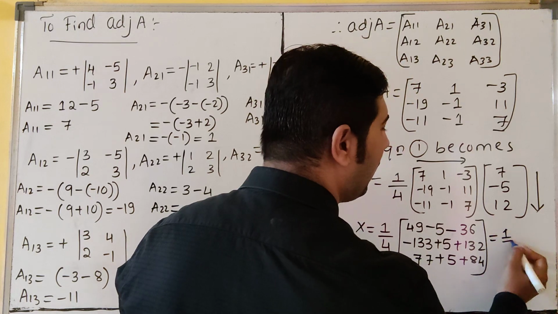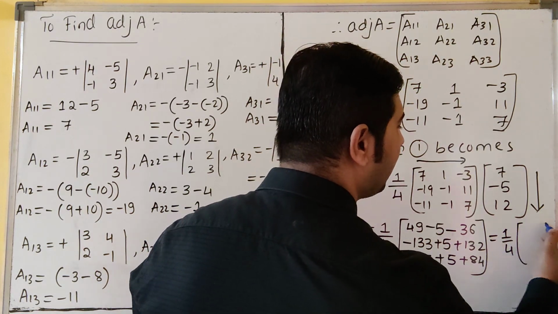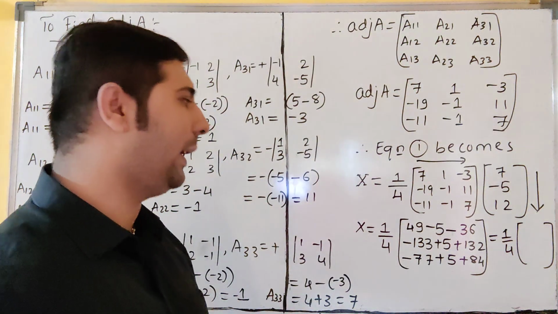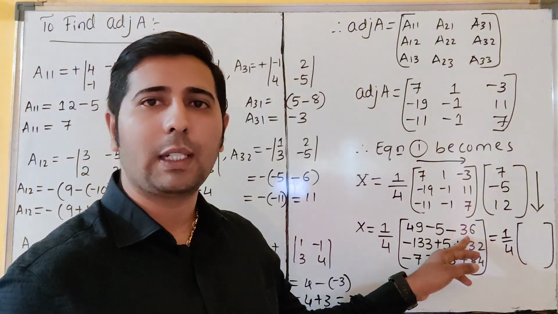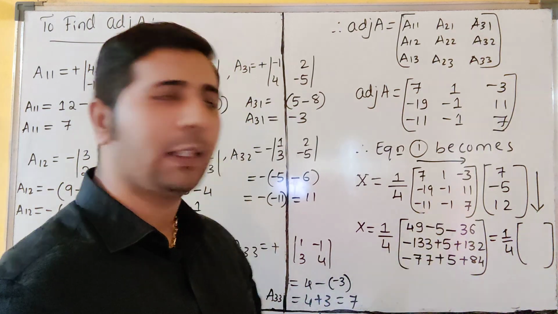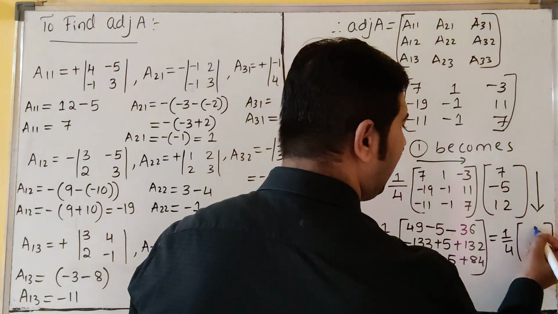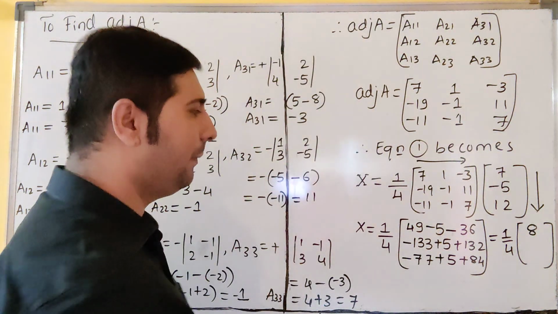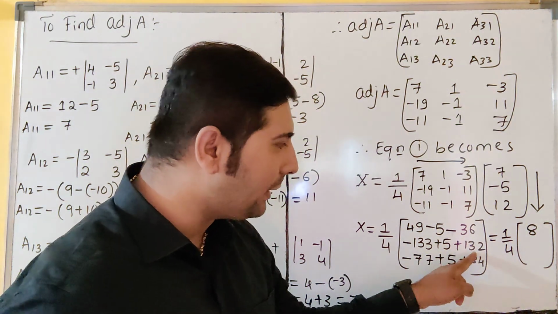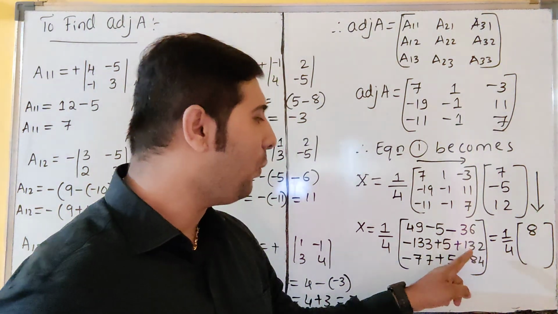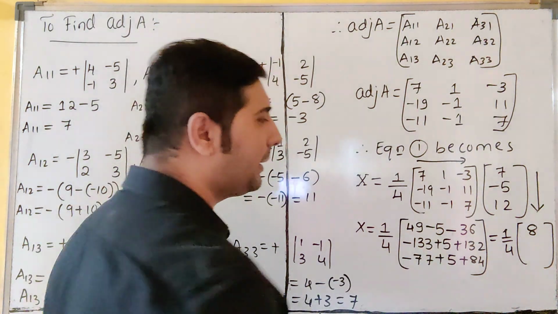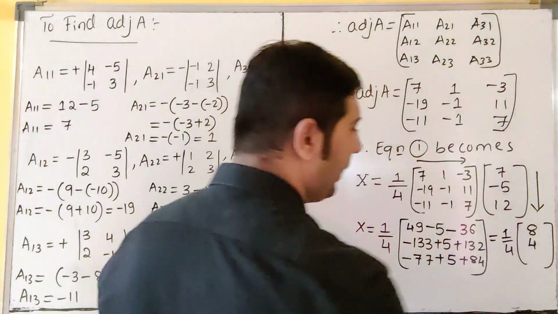So now you simplify this with 1 by 4. Minus 5 minus 36 is minus 41. 49 minus 41 is 8. Next, 5 plus 132 is 137. 137 minus 133 is 4, dear students.